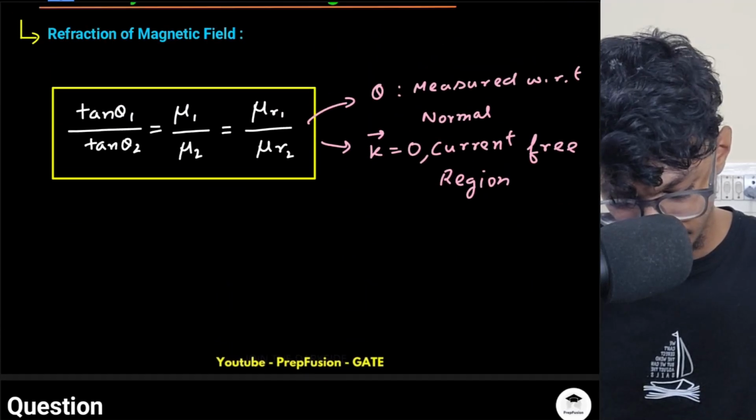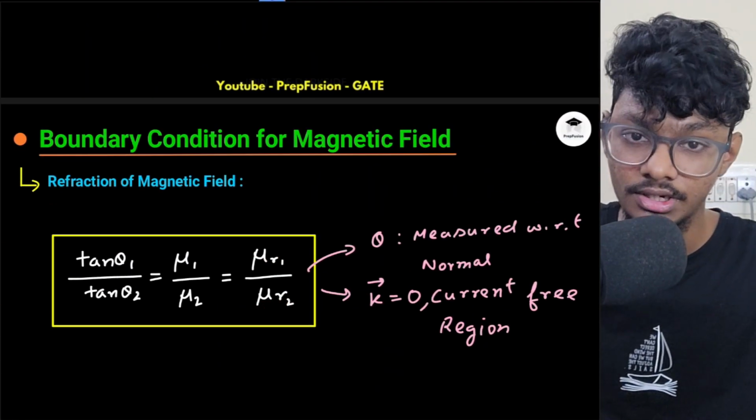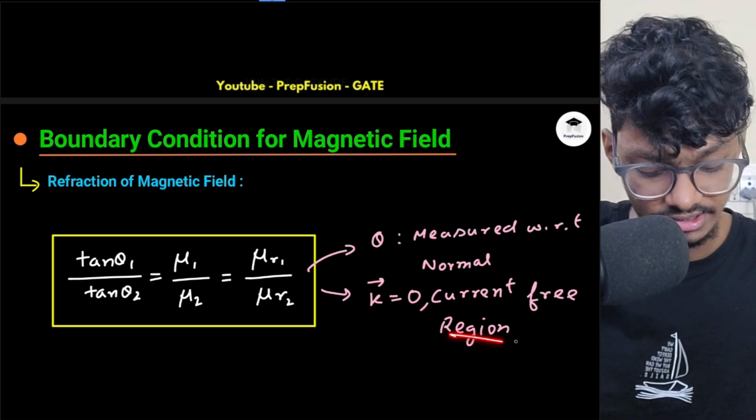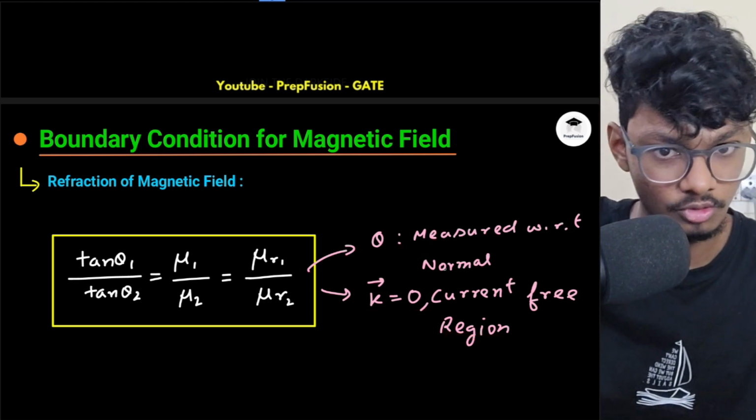This is one tidy relationship that you can know, but you have to identify the conditions. The condition is that the surface current density must be 0, and theta is measured with respect to the normal of the surface.